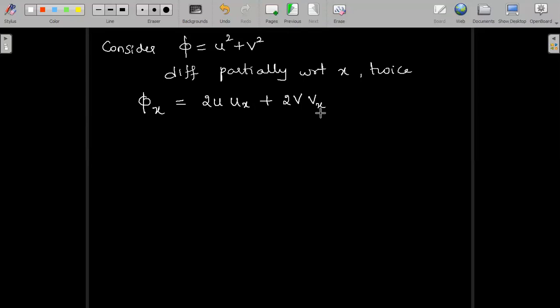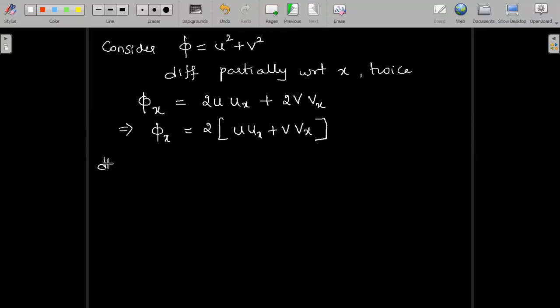I've used the short forms ux for dou u by dou x and vx for dou v by dou x. Now the same thing can be rewritten as phi x is equal to 2 times of u into ux plus v into vx. I just took 2 common.